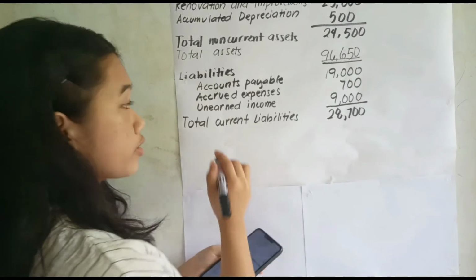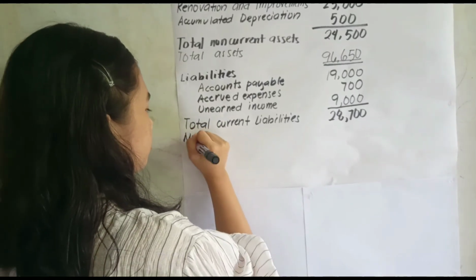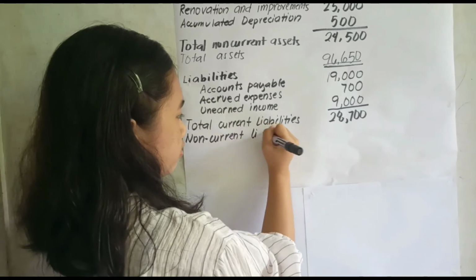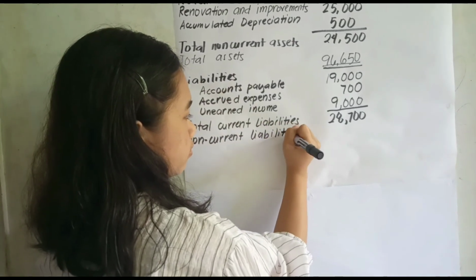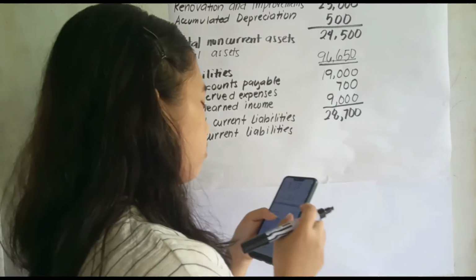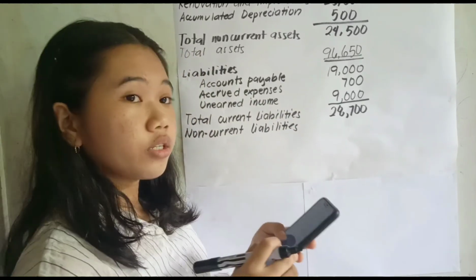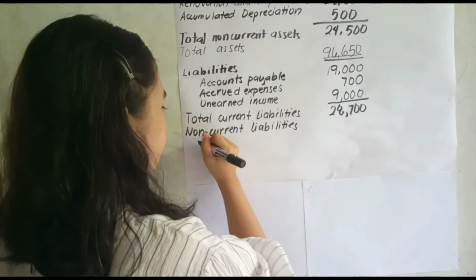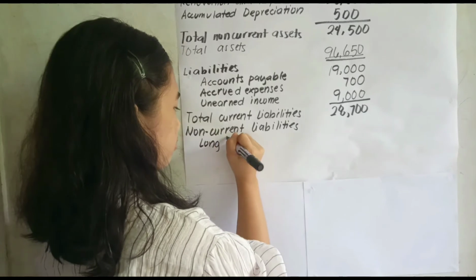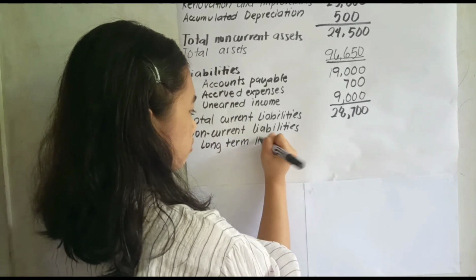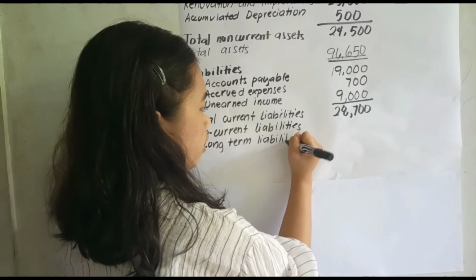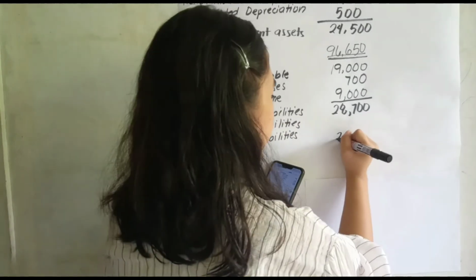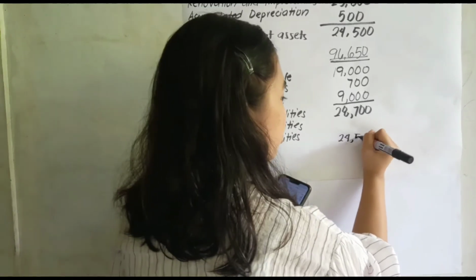Next is the non-current liabilities. The given in the non-current liabilities are only long-term liabilities. And the amount of that is 24,500.